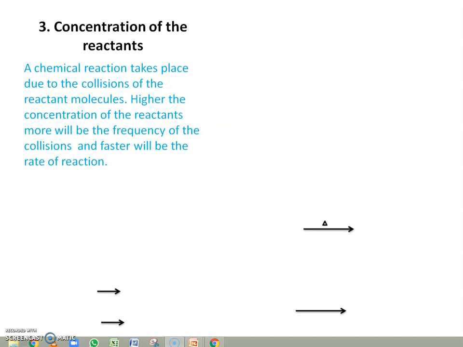When the reaction takes place, there is a collision between the reactant particles or molecules, and it leads to the formation of the products. Higher the concentration of the reactants, more will be the frequency of the collisions, more and more particles will collide with each other, and faster will be the rate of reaction.